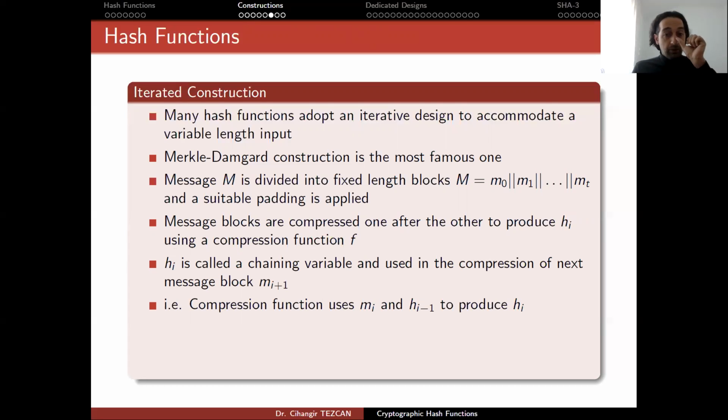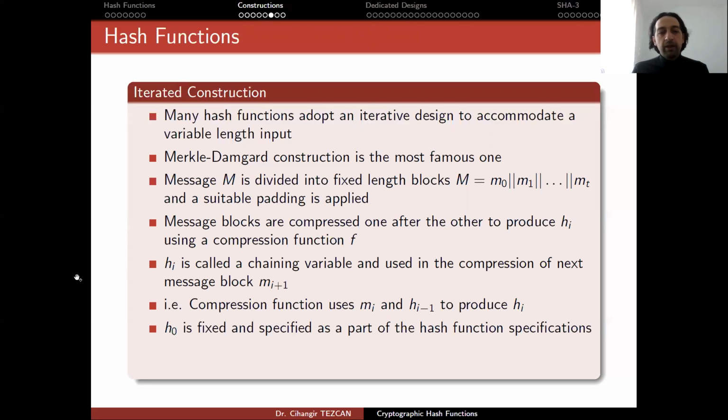In other words, the compression function uses MI and HI-1 to produce HI. This was the thing we just saw when we were considering block ciphers and turning them into hash functions. H0 is fixed and specified as part of the hash function specification. Most of the time we call it the IV, the initialization vector.